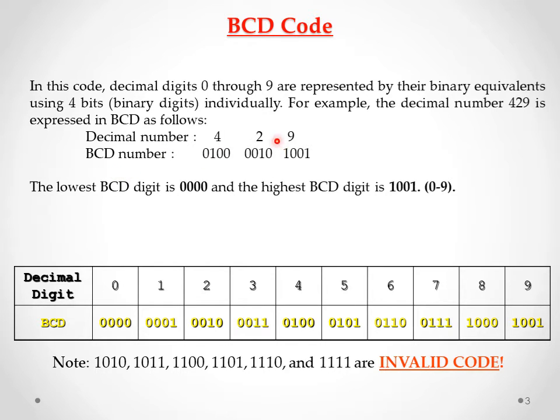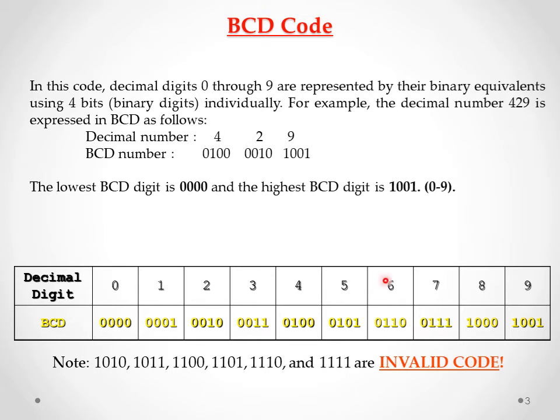Each decimal digit is represented by its equivalent 4-bit binary number. So 9 is represented by 1001, 2 is represented by 0010, and 4 is represented by 0100. So the lowest BCD digit is 0 and the highest BCD digit is 9.